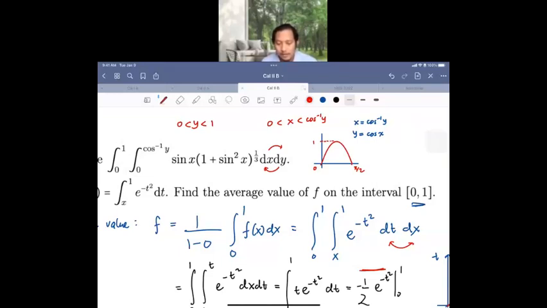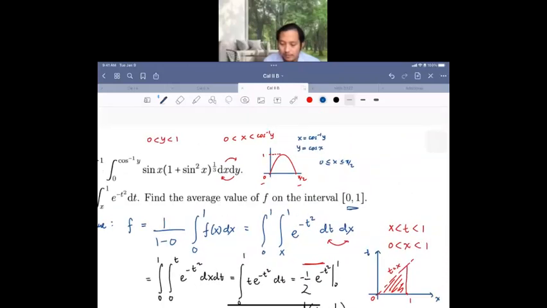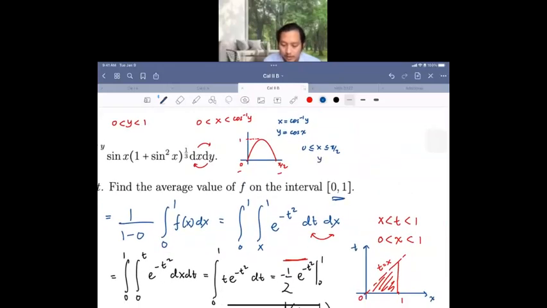Now we should have x from 0 to pi over 2, right? So x is from 0 to pi over 2, and y is from 0 to cosine x.